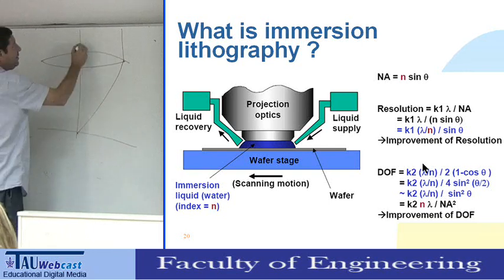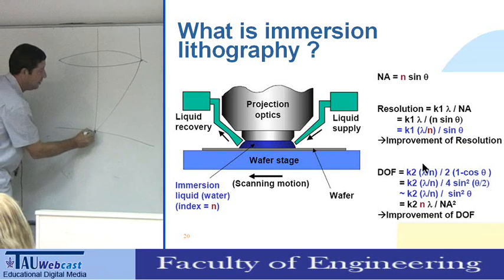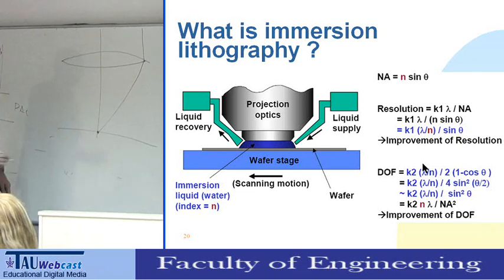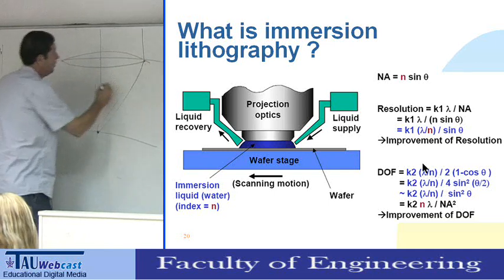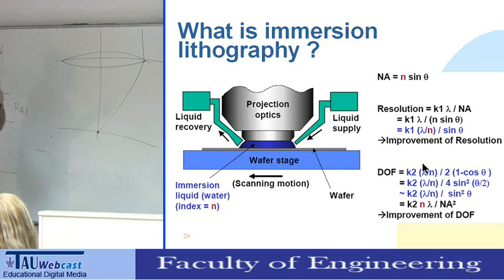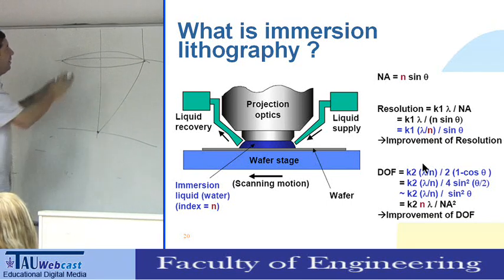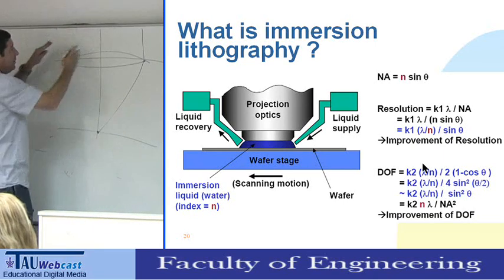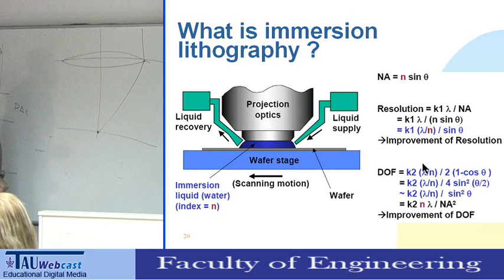If this beam and this beam come from the same place, they should meet in the same place. They meet in such a way that when they meet on the wafer, they are in phase. This is how you generate an image. Basically, the image is spread, and for every pixel you collect it, and they all meet exactly in phase here, and then you build the image.